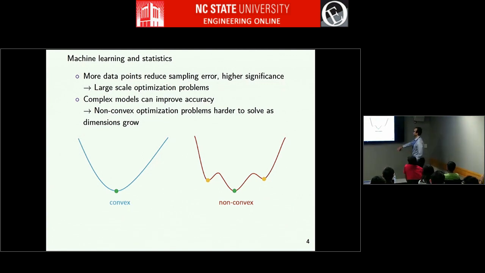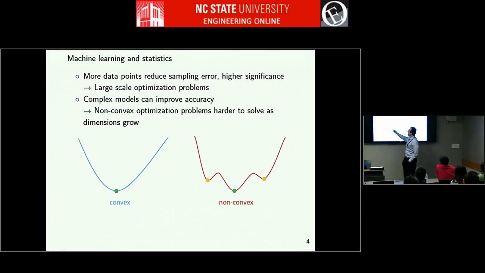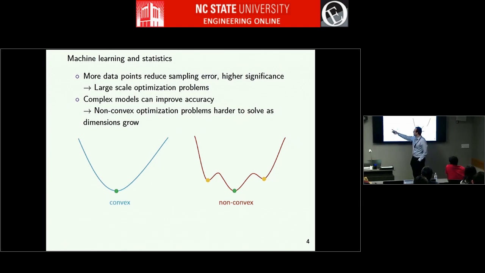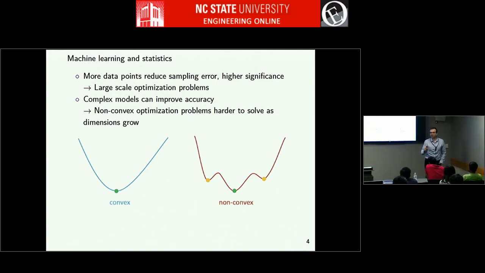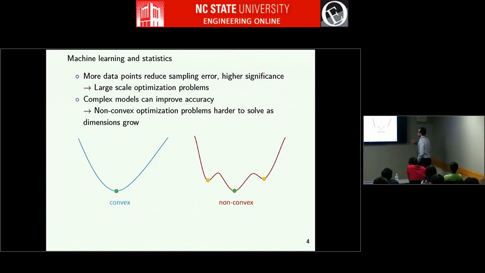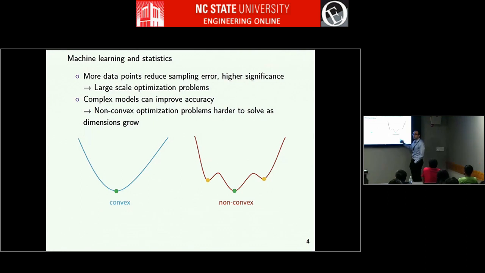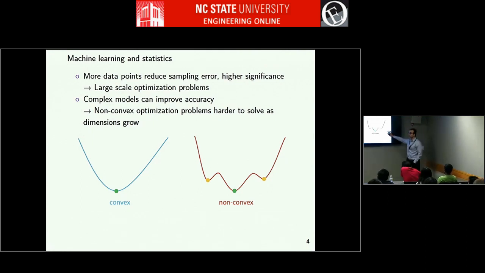Convex functions are the ones which curve up. When I find a point which has zero gradient, it's stationary, it's a local and therefore a global minimum. But for non-convex functions, it could be a local minimum or it can be a stationary point. So it's even harder if you have a non-convex problem and very large data sets.